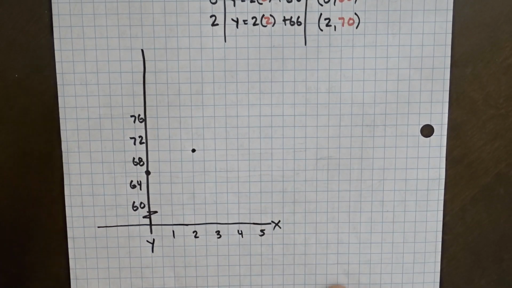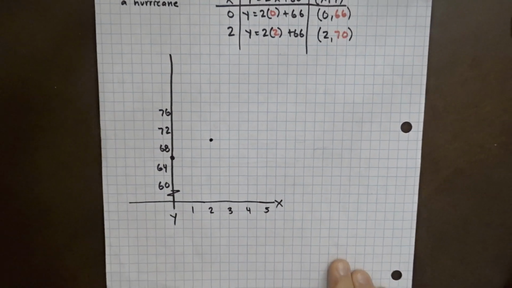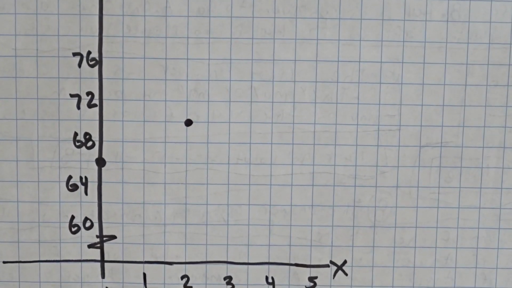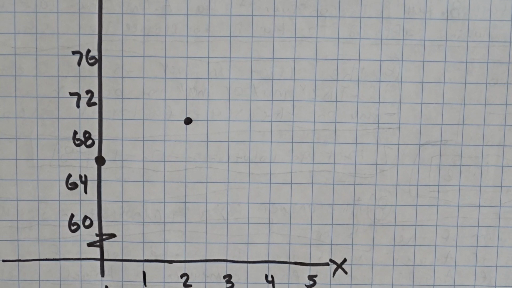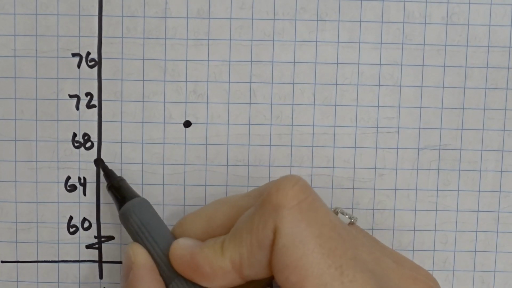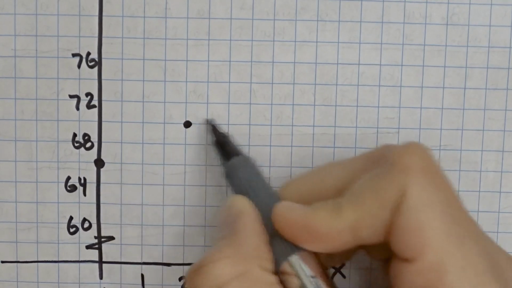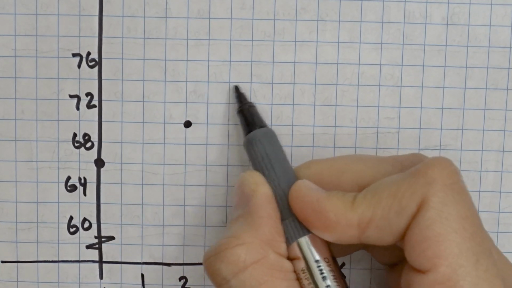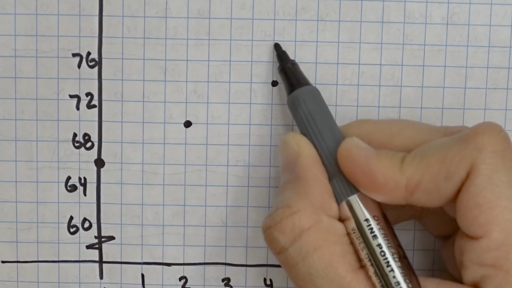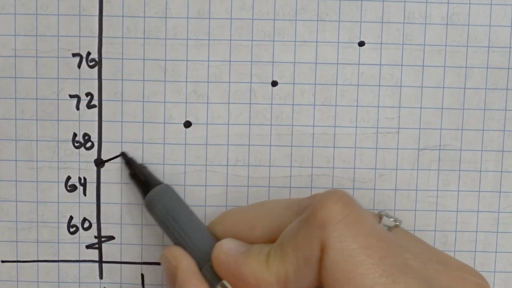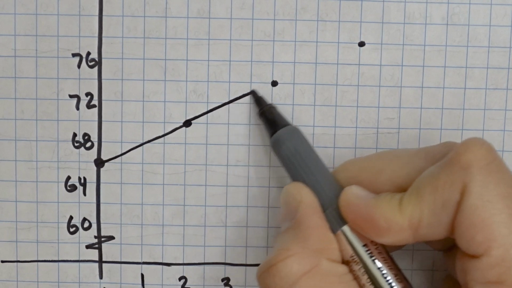All right, and now from here, I want to draw my line and see when it is going to get over 74 miles per hour. So I'm going to look at the pattern. It goes over 1, 2, 3, 4, up 2, so let's make it nice and straight. Follow this nice and straight.